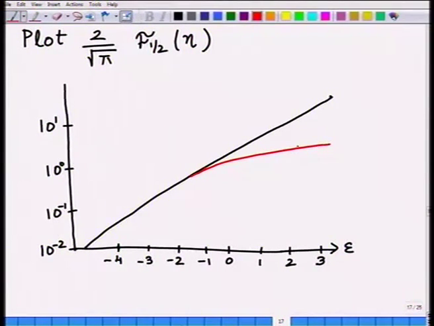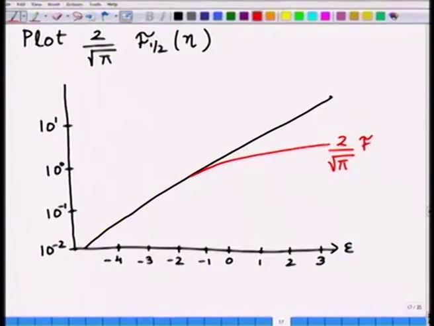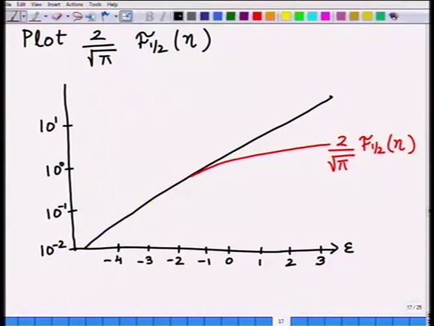This red line is a plot of 2 by root pi times the Fermi-Dirac integral of order half of eta, and this black line is a plot of e to the power eta. The black one is a straight line, of course, because e to the power eta when taken log will become a straight line. So that is what I plotted here, e to the power eta, and then the other one.